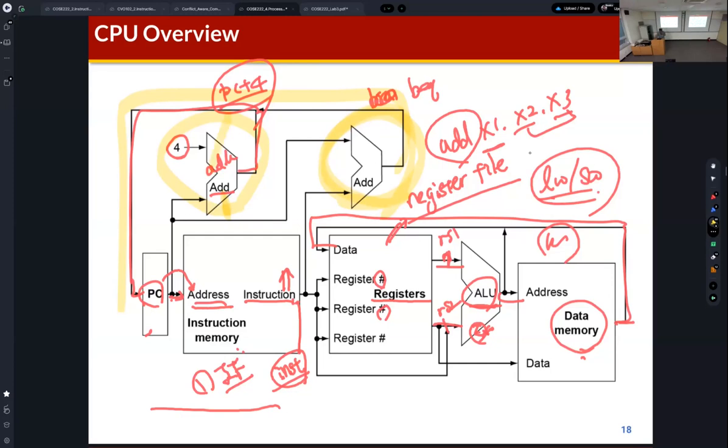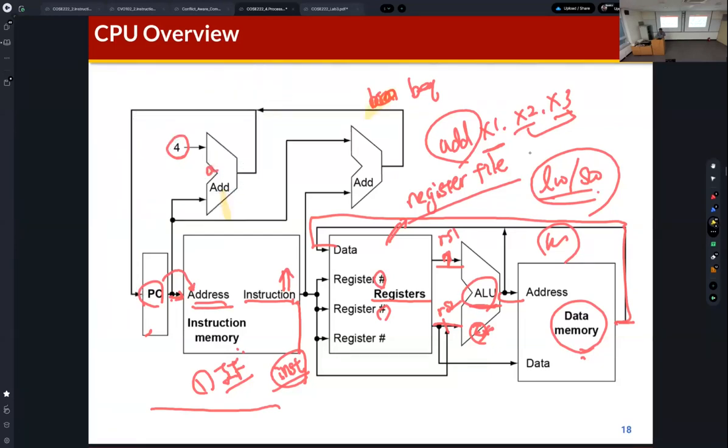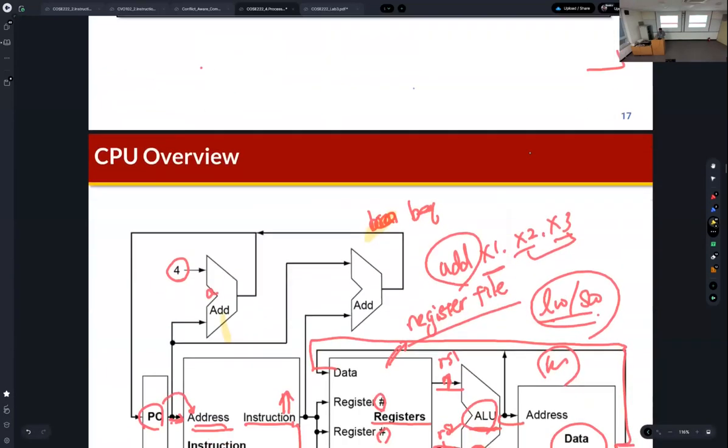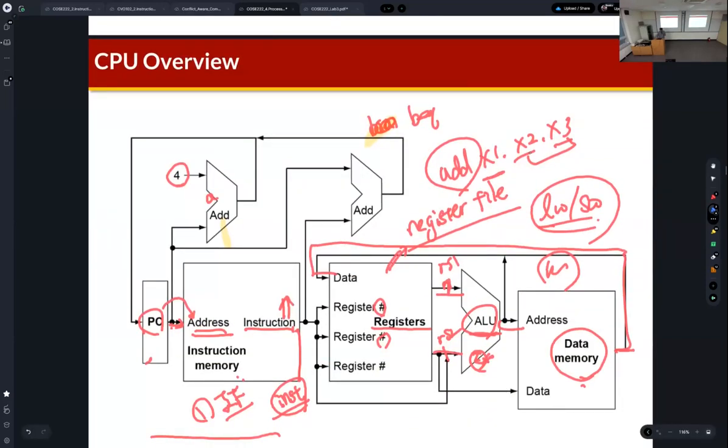But actually, this implementation is not possible. Why? We need to build an electric circuit, right? Think of it like wires. If a wire is connected like this, then all parts of the wire have the same value.